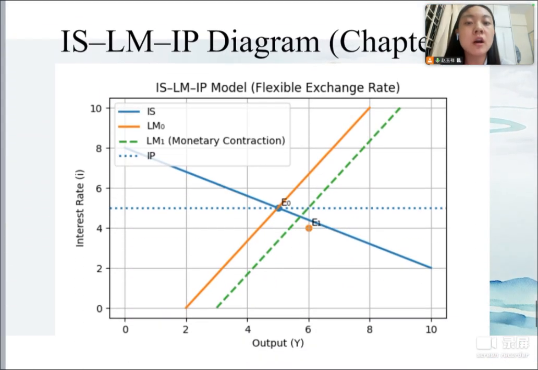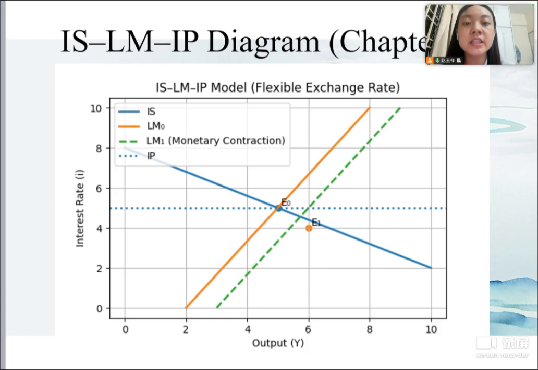To summarize the overall mechanism, a contractionary monetary policy shifts the LM curve to the left. This initially raises the domestic interest rate, leading to capital inflows and currency appreciation.